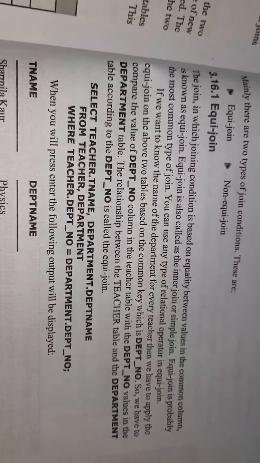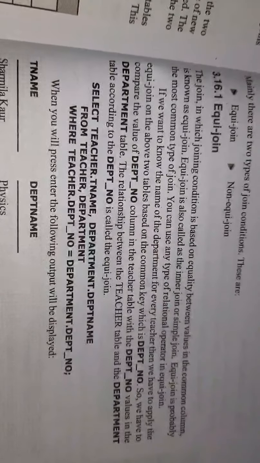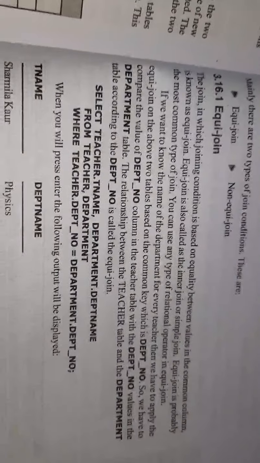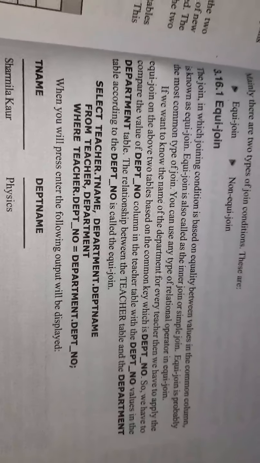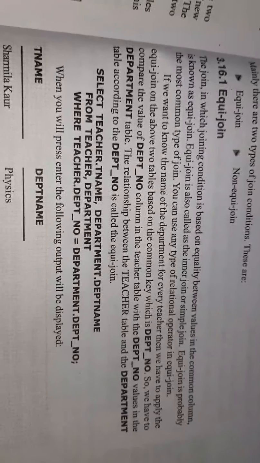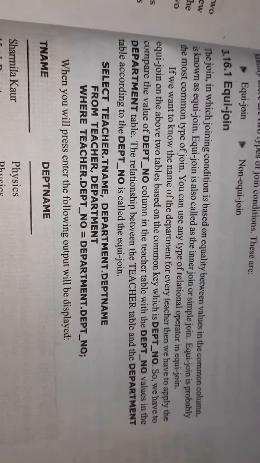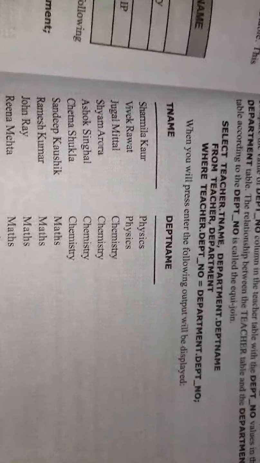So these two columns are similar, so you can combine those two tables to form an equijoin. That's why in the where clause the condition uses the table name with the column name, the relational operator equals, and department dot department number. So you get the following output.